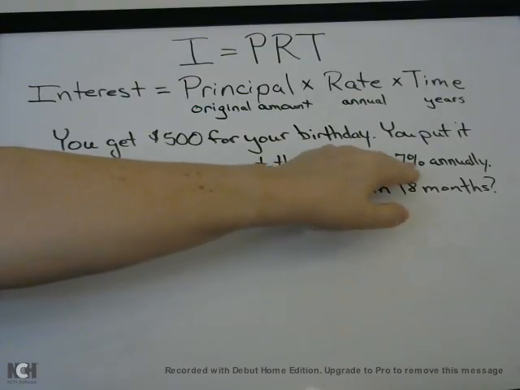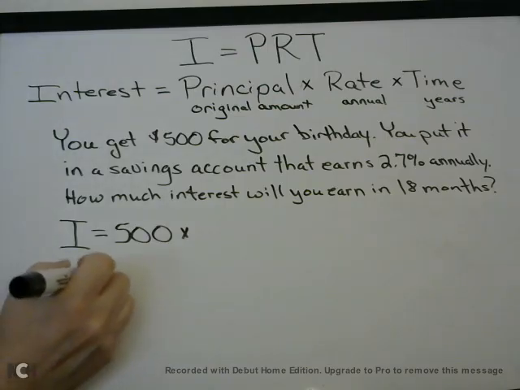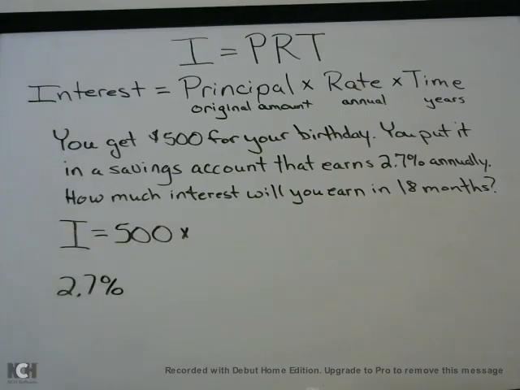So it's 2.7%, but we can't multiply percentages. We have to multiply decimal numbers. And so we need to change 2.7% to a real number. And so if you don't know how to do that, you need to watch the video on percentages on how to do that.